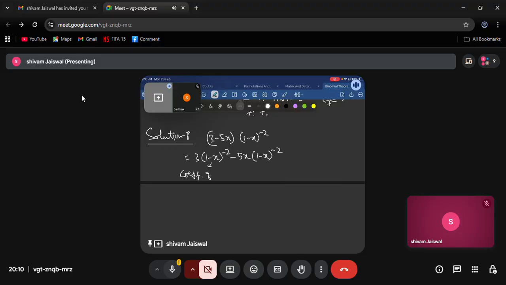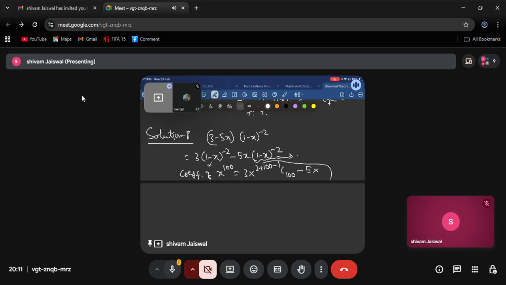Coefficient of x^100 will be, in the first term, 3 into (2 + 100 - 1)C100. n + r - 1 C r, sorry, C100. Yes, I wrote it. Minus 5 into, over here, we need the coefficient of x^99.